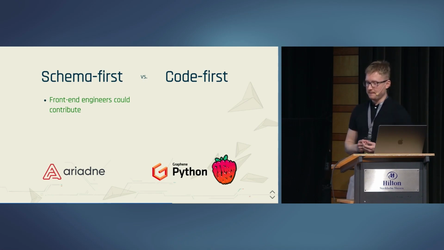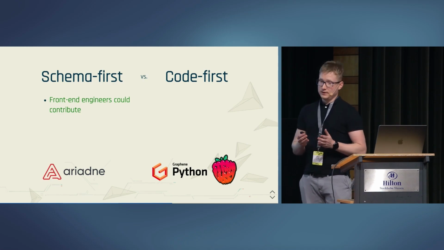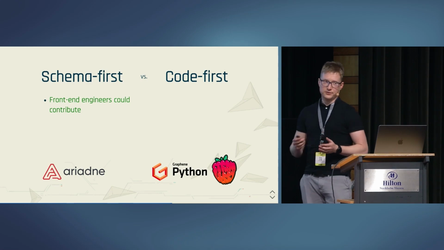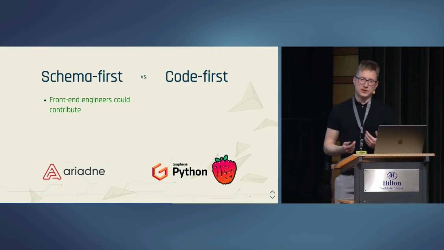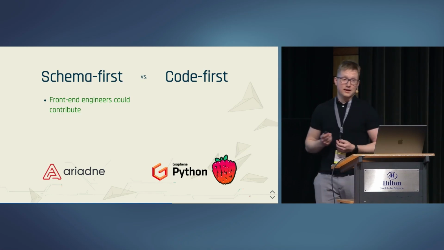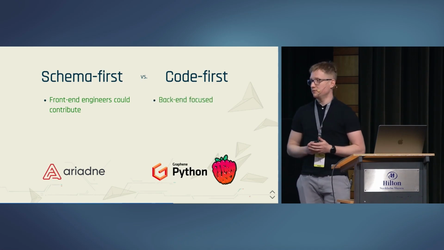That was a very strong deal breaker for us when we chose that approach, because our front-end team would like to contribute and share their feedback on the schema, but they didn't do Python. They did JavaScript.